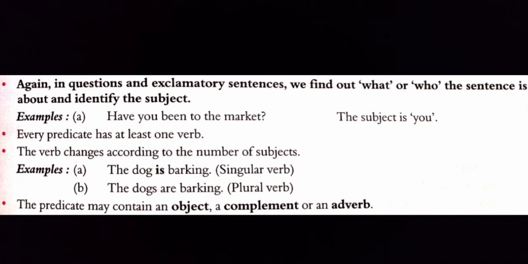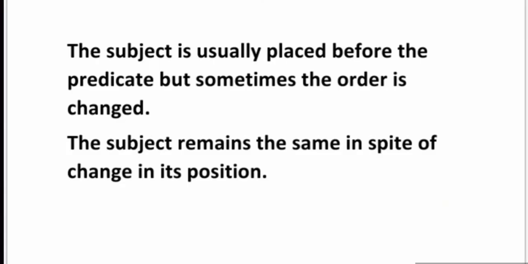The verb changes according to the number of subjects. So remember one thing, the subject is usually placed before the predicate, but sometimes the order is changed. The subject remains the same in spite of change in its position. That also happens. All right.